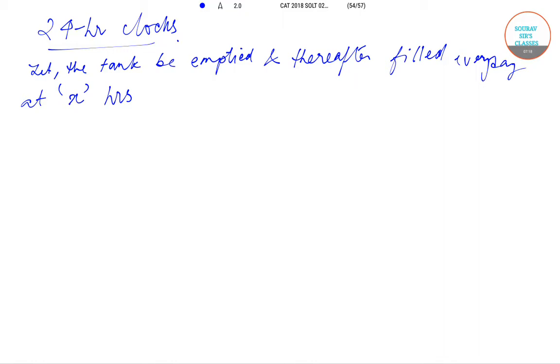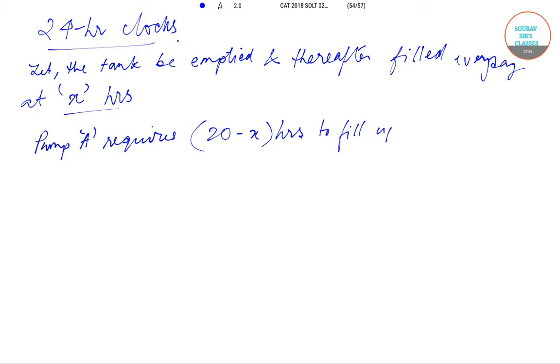Now what was the scenario? On Monday, pump A worked up till 8 p.m. So 8 p.m. basically means 12 plus 8, 20 hours, up till 20 hours. If the tank started to fill up after X hours, pump A worked for 20 minus X hours. Therefore pump A requires 20 minus X hours to fill up the tank.